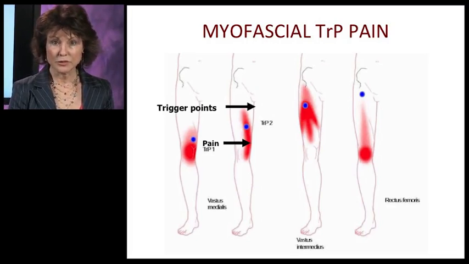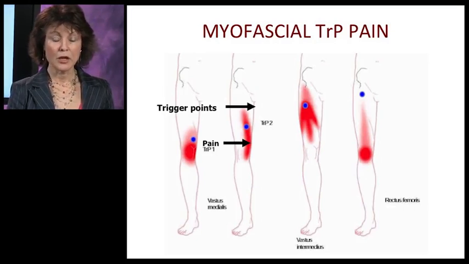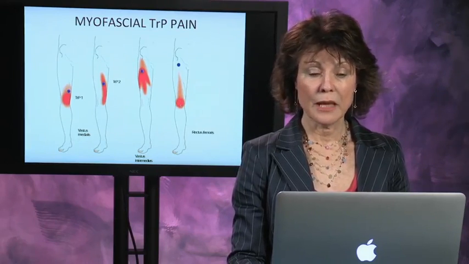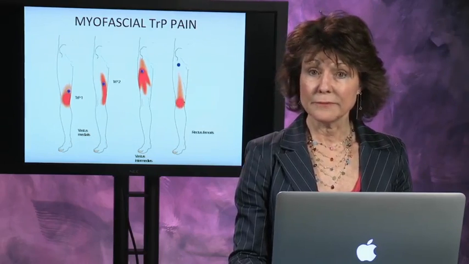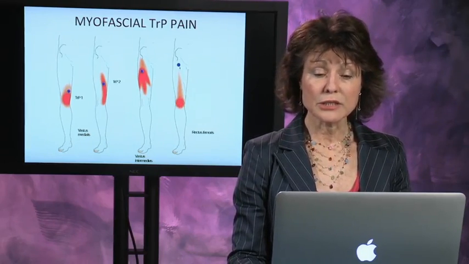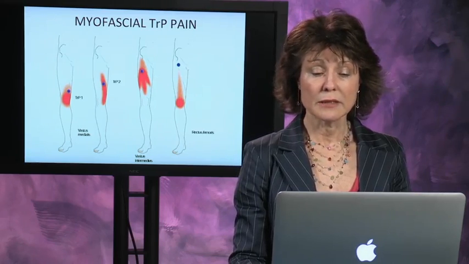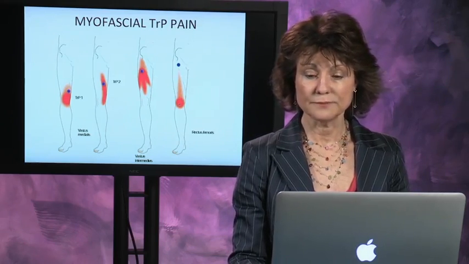The blue dots are the trigger points, and the areas in red represent what the patient is complaining of. Those are the areas where the patient has pain. So for example, here the patient may have persistent knee pain, and yet there's nothing wrong with the knee. The guilty trigger point is way up here, but the pain is here and the disability is here.